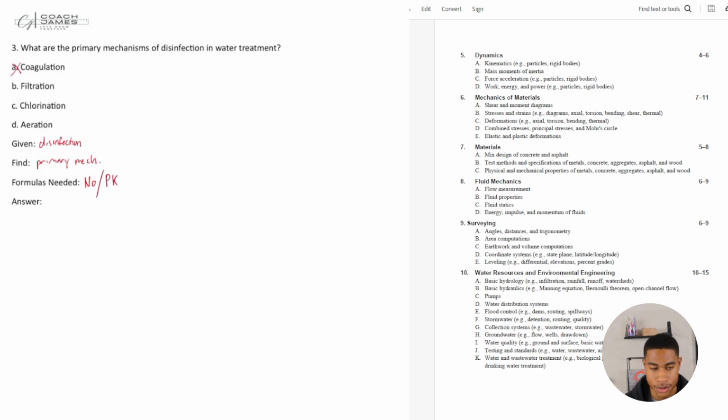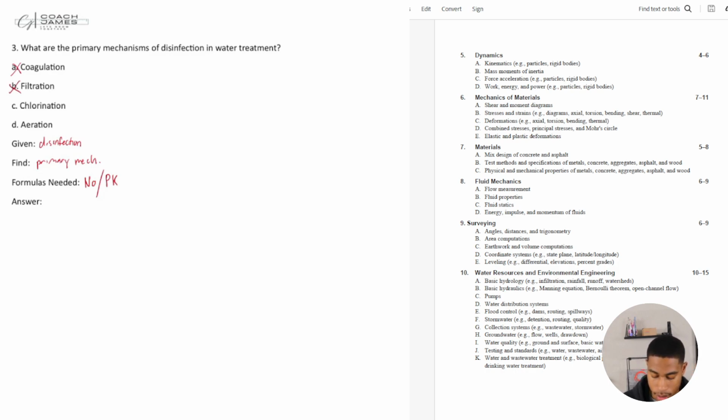So these are all conceptual questions. So filtration, is that the primary mechanism of disinfection? No. Filtration filters out water, but it doesn't disinfect. If you think about disinfection, it's like the germs you can't see, the chemicals you can't see, right? That's what disinfection is. So filtration is not doing that.